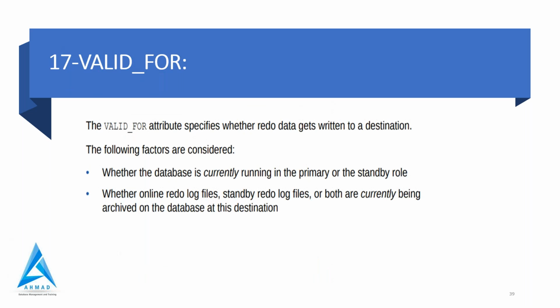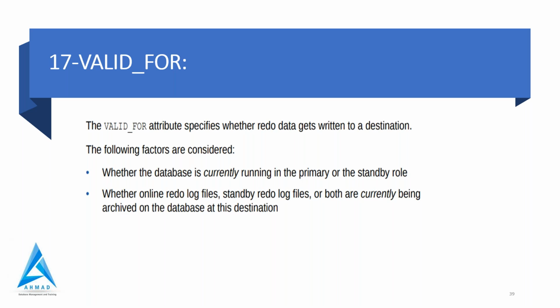Now the last attribute is valid_for. This is a very important attribute, which we generally use. The valid_for attribute specifies when redo data gets written to a destination. You can specify whether the database is running in a primary or a standby role, and whether you are using online redo log files, standby redo log files, or both.